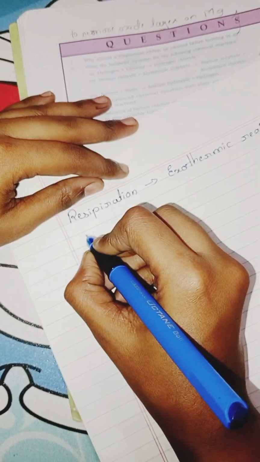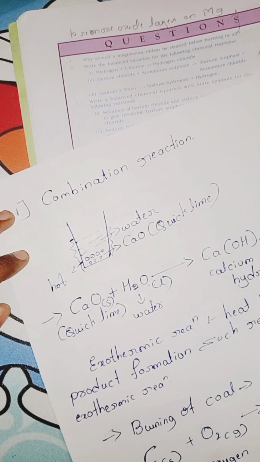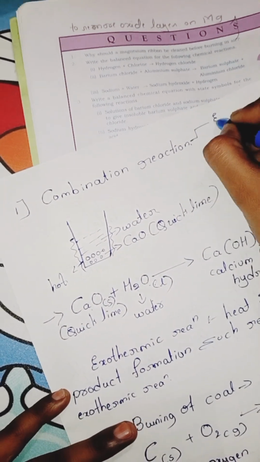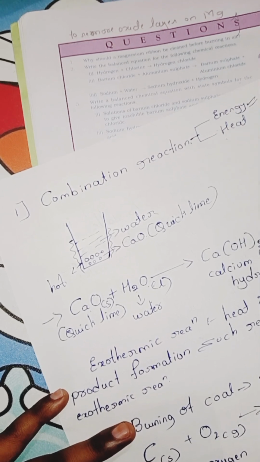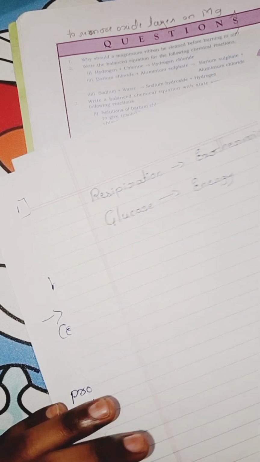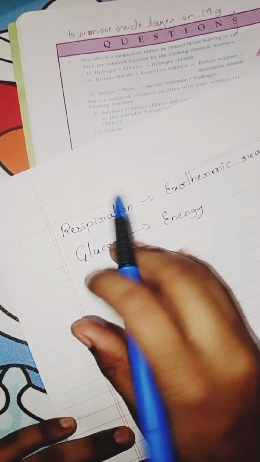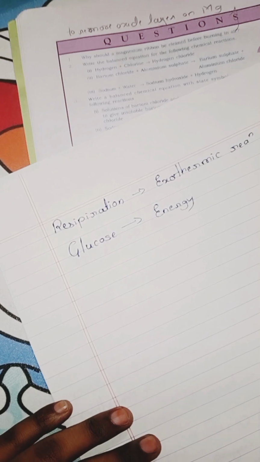Here the motto of a combination reaction is to consume energy as well as produce energy. Here we need to break the glucose molecule into energy. How this happens in our body, we will see now.